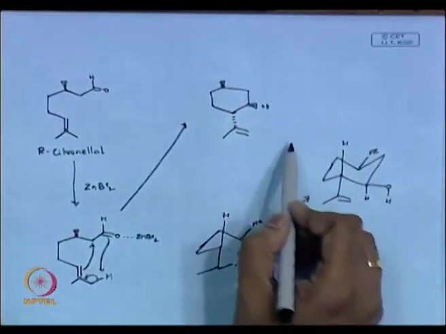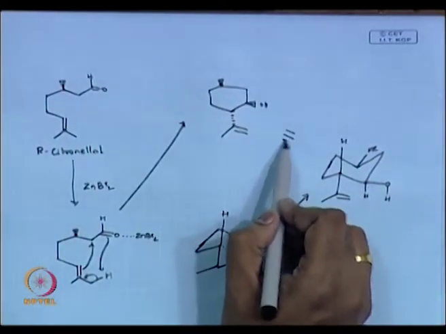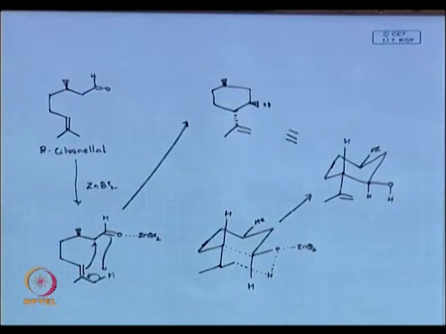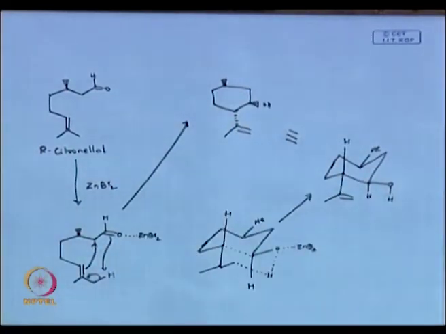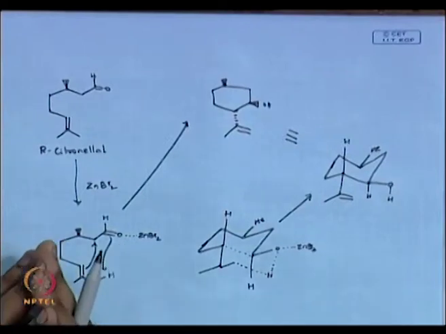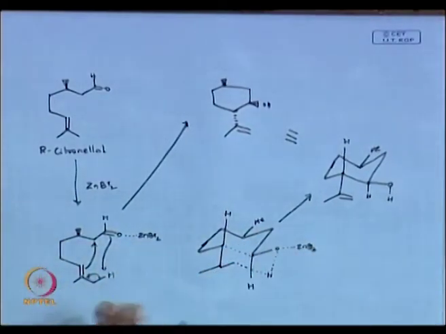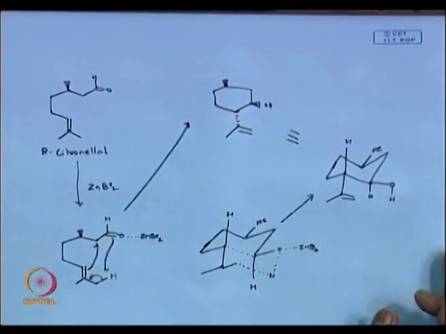This is more or less similar to the structure. That is why you get one type of product here, isopulegol. You take citronellal, you get isopulegol, and then you reduce it, you get your menthol. Best way of looking into this.